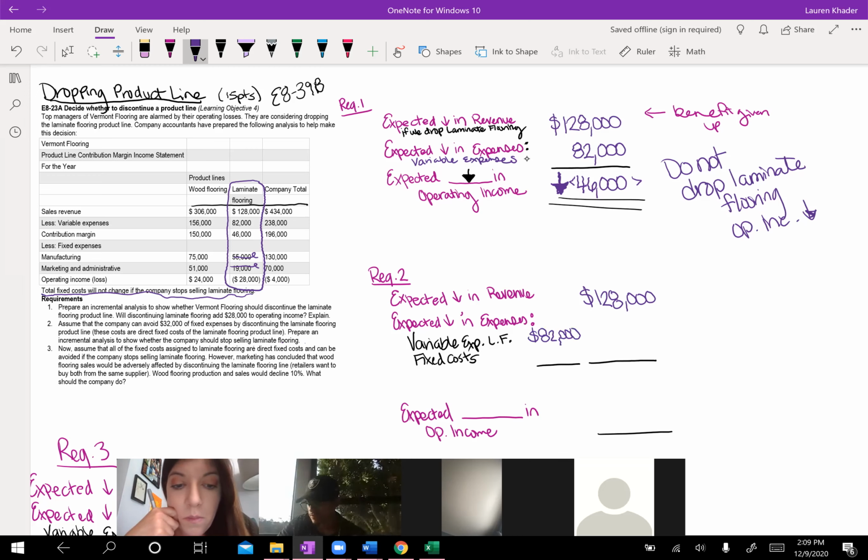I'll use the inner column. And now we're going to add an additional cost that they're going to avoid, 32,000. Fixed costs avoided. So we're going to add up these two expenses that they're going to avoid. 82 plus 32, 114,000 in costs that we're going to avoid.